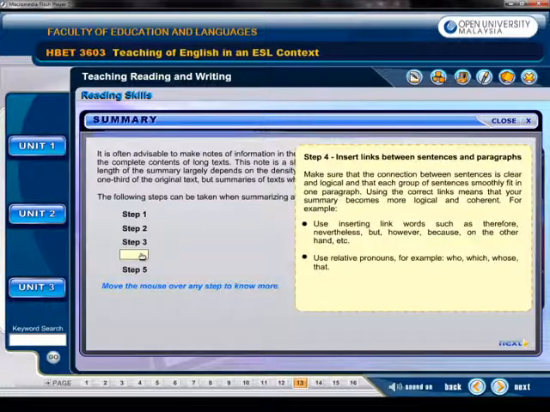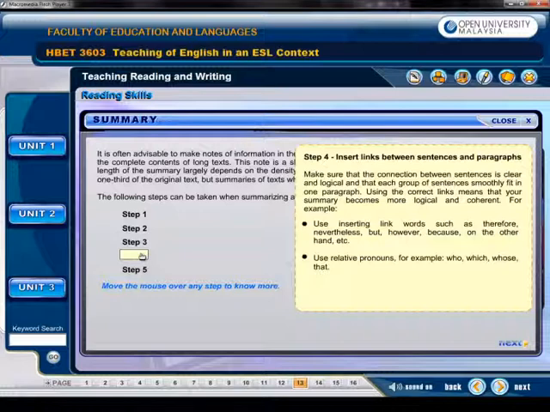Step 4. Insert links between sentences and paragraphs. Make sure that the connection between sentences is clear and logical, and that each group of sentences smoothly fit in one paragraph. Using the correct links means that your summary becomes more logical and coherent.